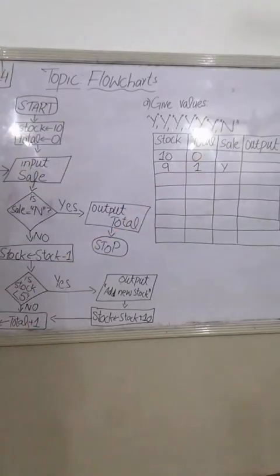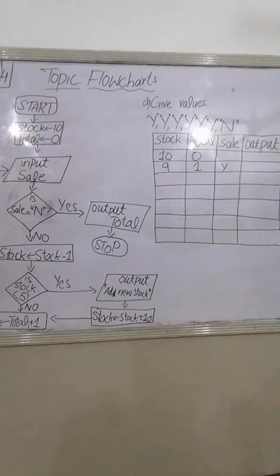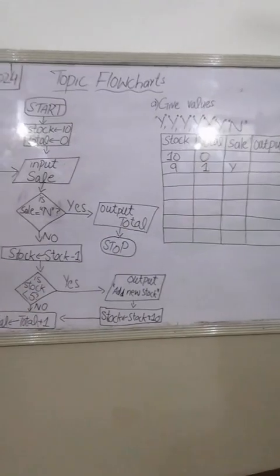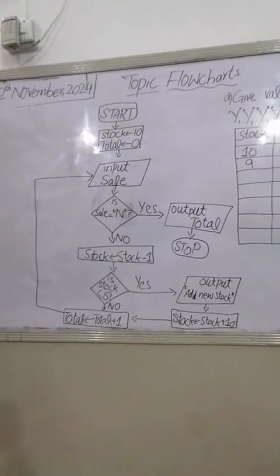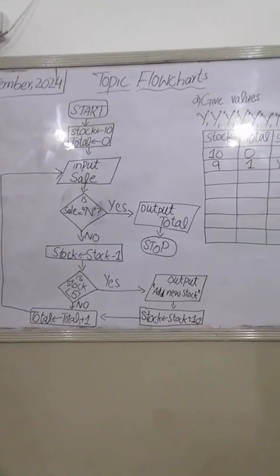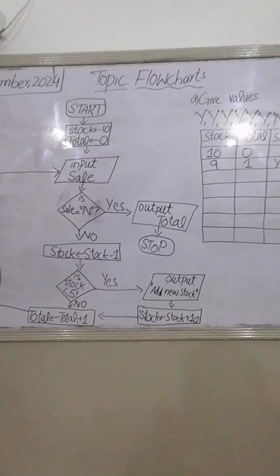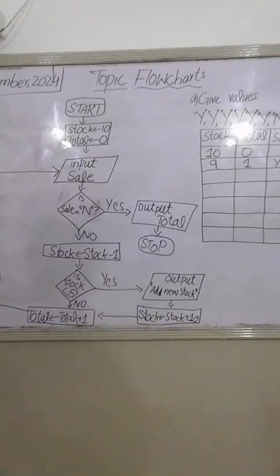Okay. So nothing will come in the column of output, because we haven't met that condition in which we have to give some kind of output. Okay. So I hope the first step is clear to you. That is, we have to take one value from the values given by the examiner.